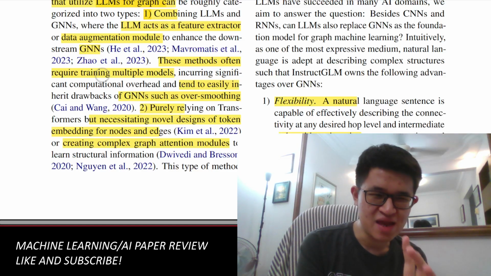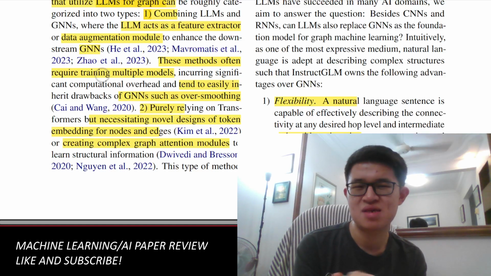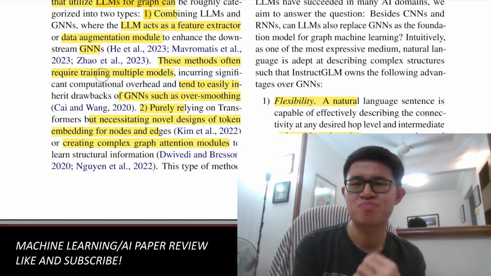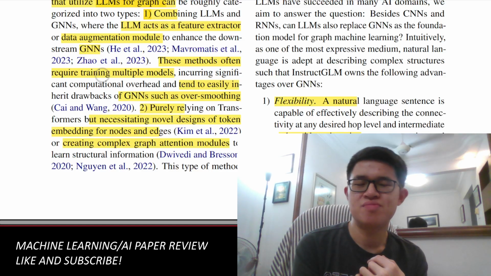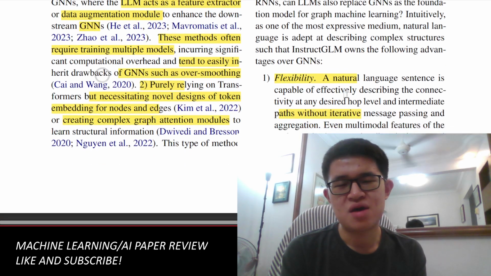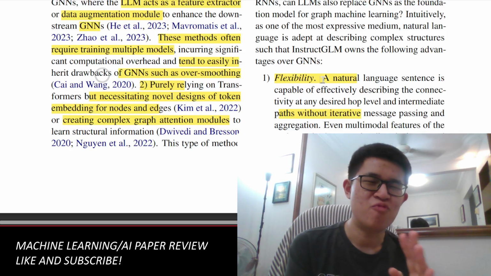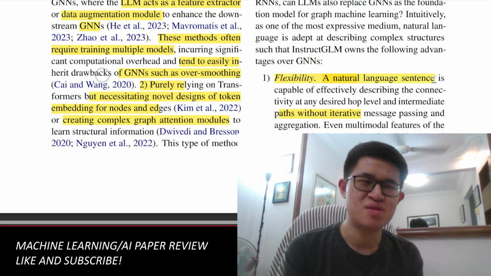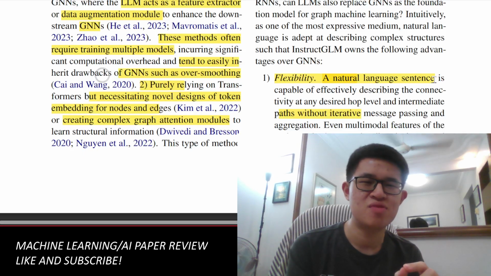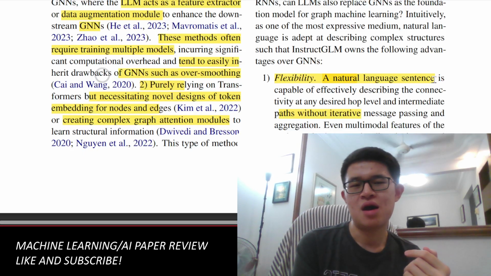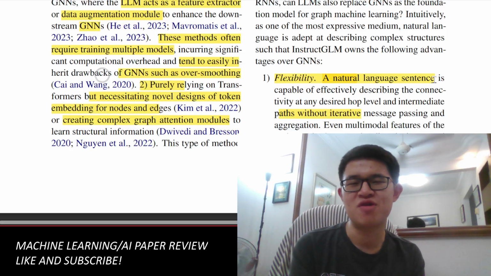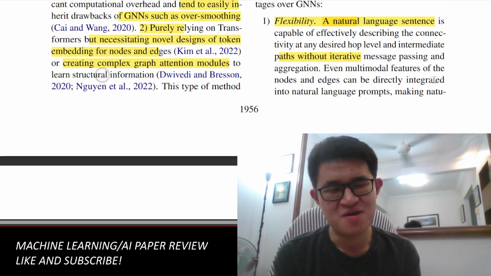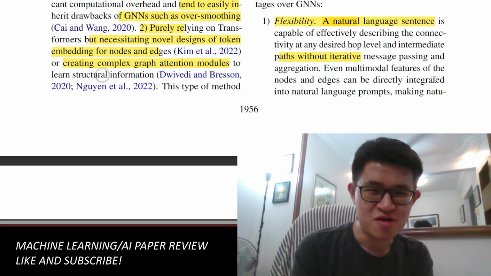I get that a sentence can describe that, but in order to get to that point, right, I don't necessarily agree with this. I kind of understand what they're saying. You can describe the interaction, but the problem would be how do you get to that description, right? But anyway.